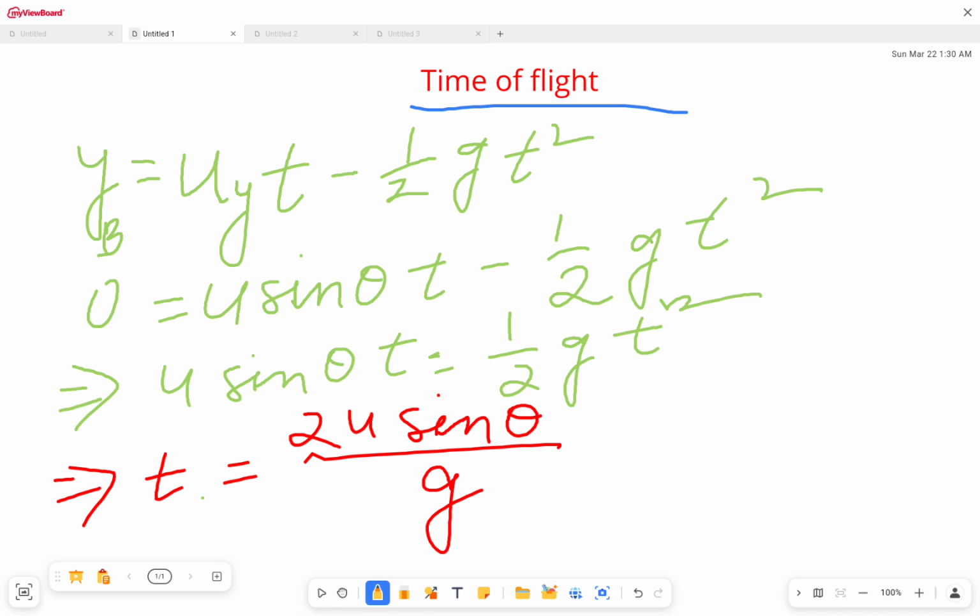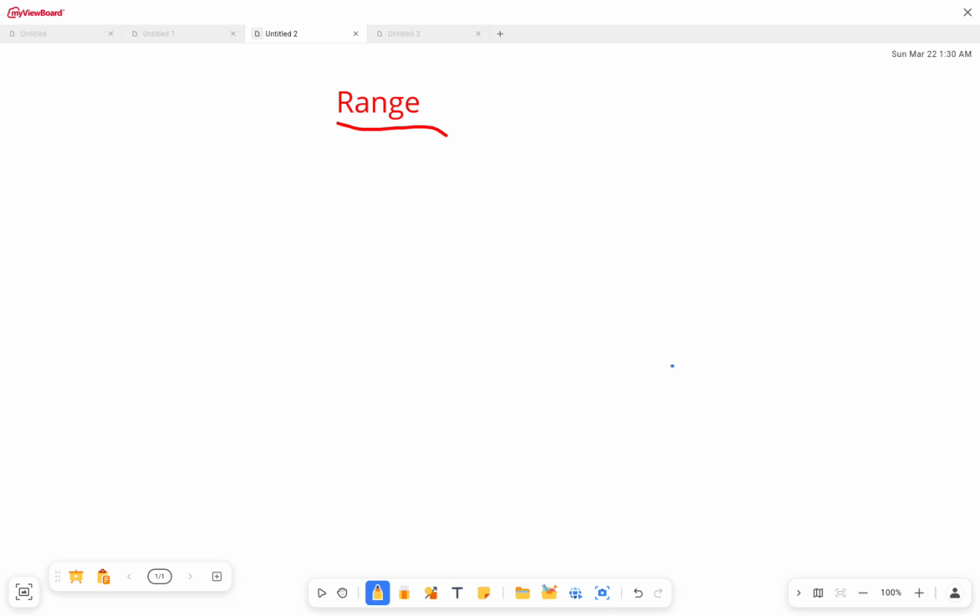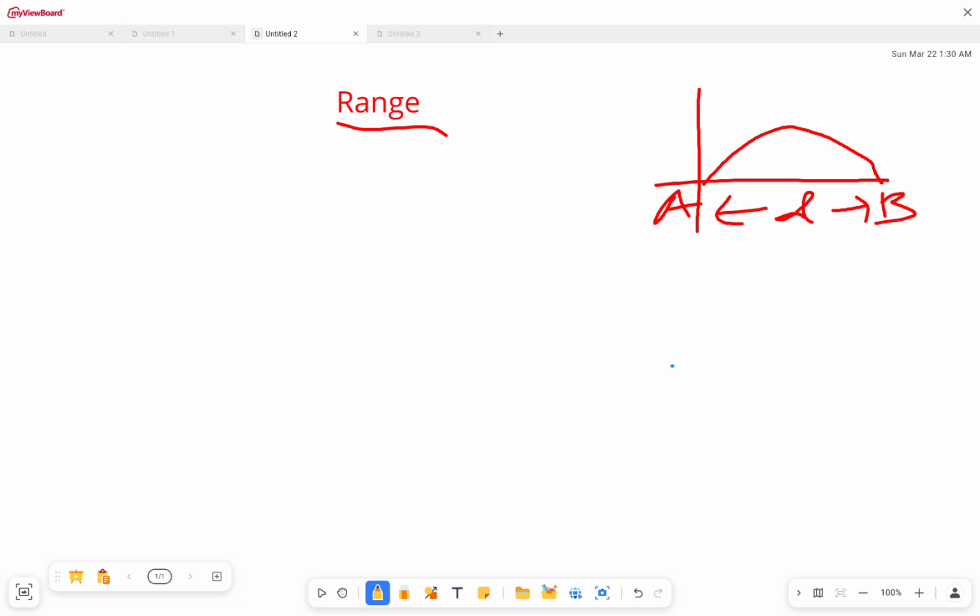The next parameter is the range of flight. So what is range? Range is basically the total distance from point A to point B which the stone is covering. As we know, considering this to be x, distance is speed into time.